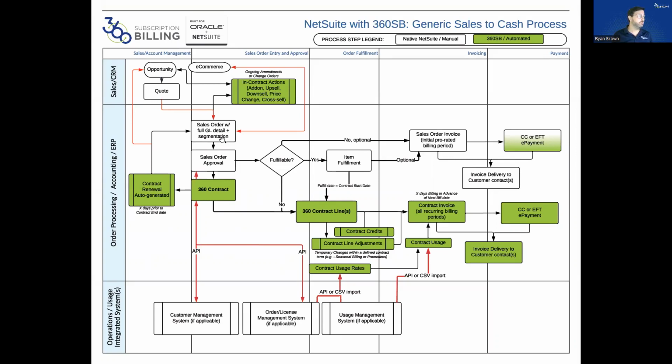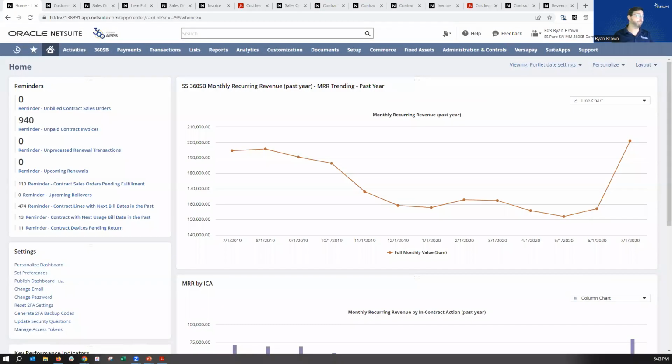I can renew new orders to ship out inventory. And if I have payment plans, I can have those automatically generate invoices for the amounts that need to be billed for as I'm breaking up that payment, collect that payment over time as well. So the green here is what 360 Subscription Billing adds that we're going to be running through.